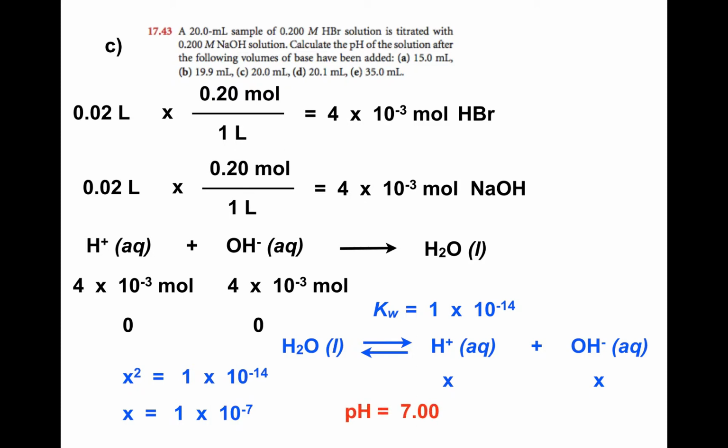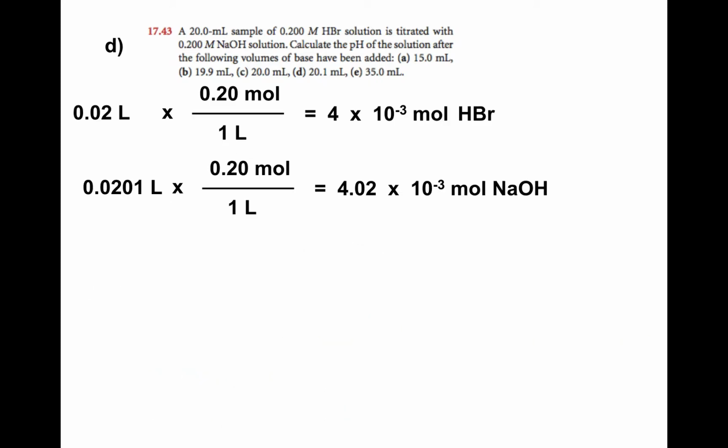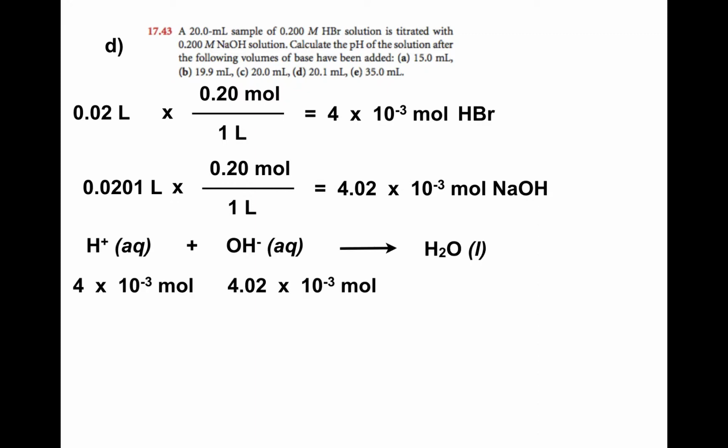What's the next? Did I do D? I guess they did D. So past the equivalence point, it's not going to be about the hydrobromic acid anymore. It's going to be about the leftover sodium hydroxide. Past the equivalence point, hydroxide is now in excess. So all of the 4 times 10 to the minus 3 moles of H plus is burned up.